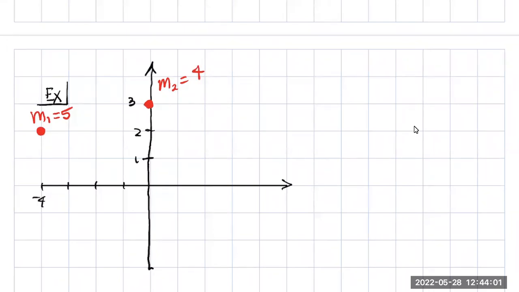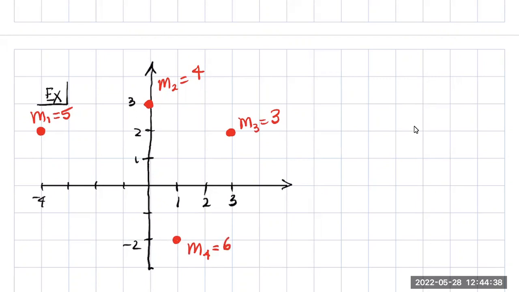The next one is at 3, 2, and its mass is equal to 3 units. And then finally, there's a fourth mass located at 1, negative 2, and its mass is 6.